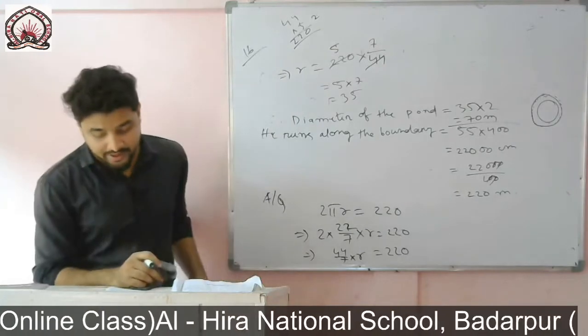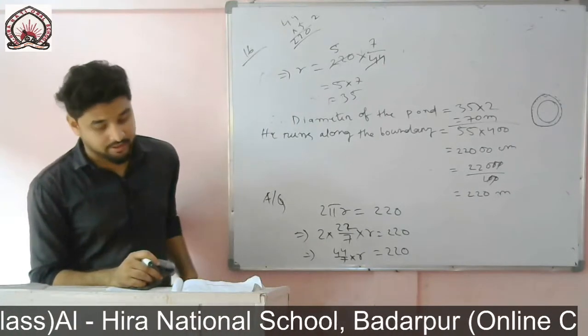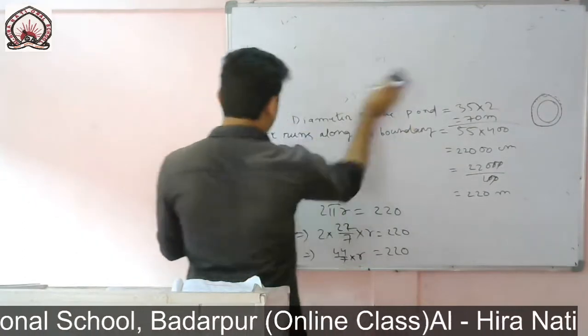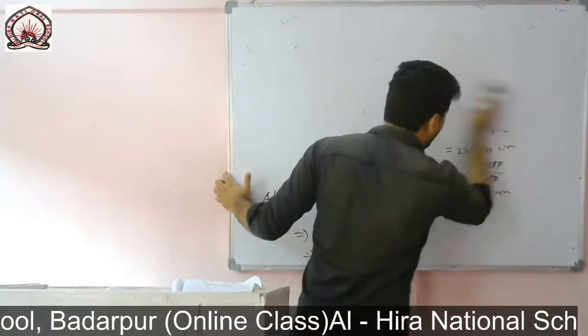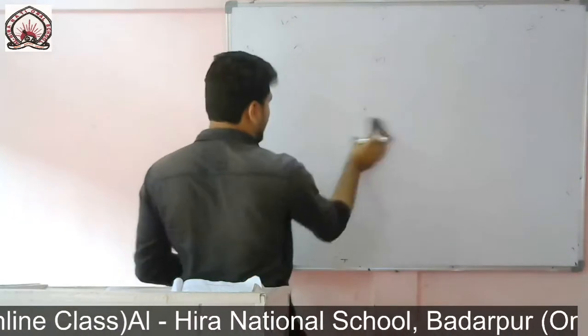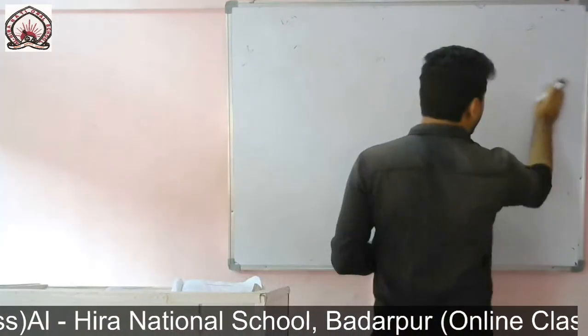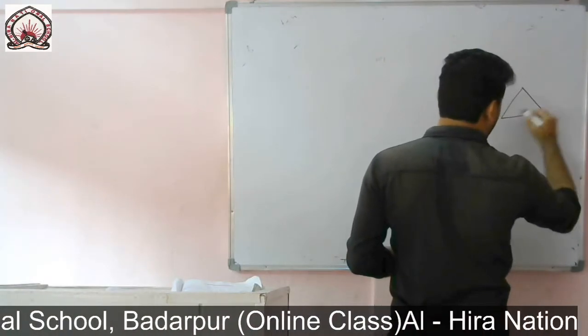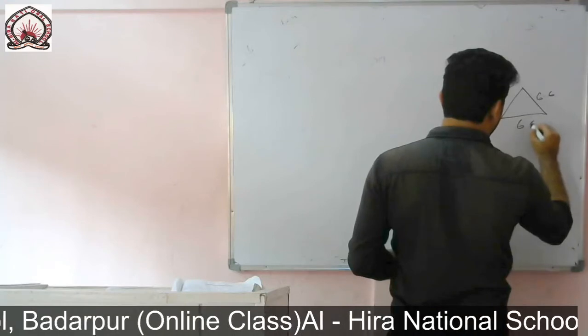Now you have to find the diameter of the ring. So first you see, a wire is bent into an equilateral triangle of side 6.6.